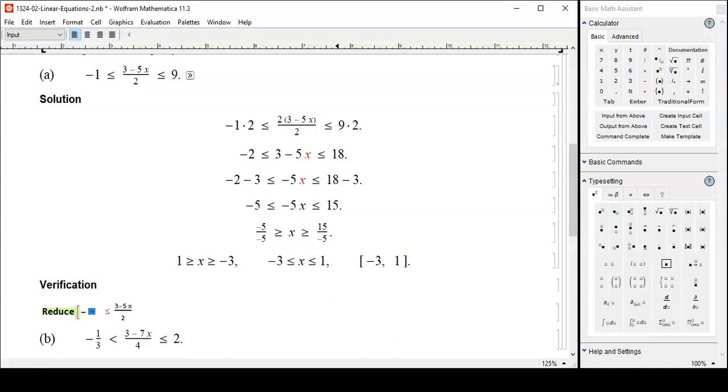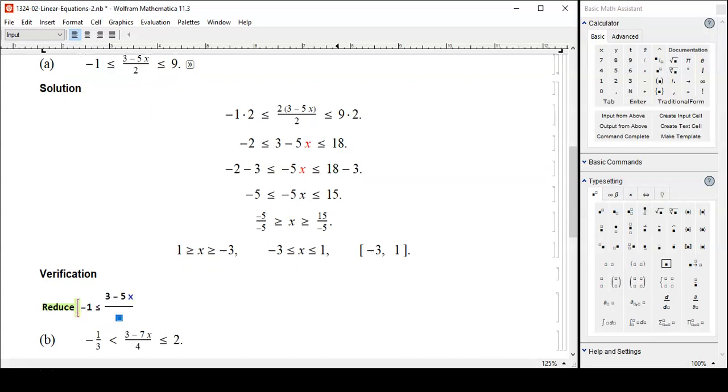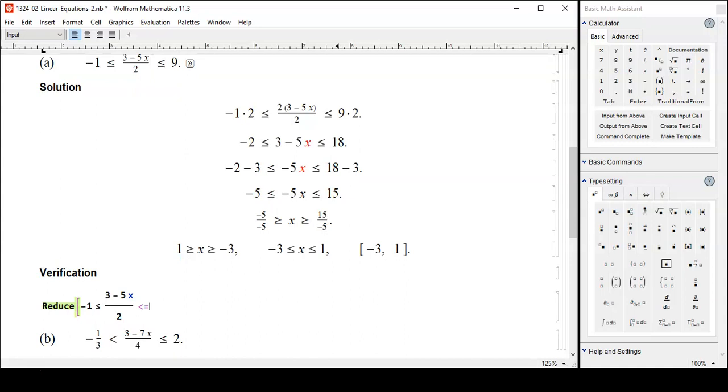Something is not right. Negative 1, 3 minus 5x, 2, 9, okay.